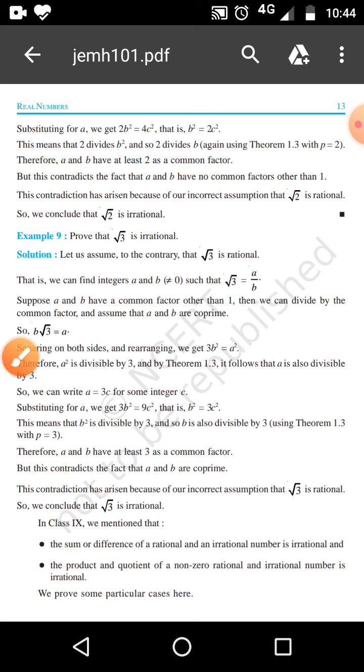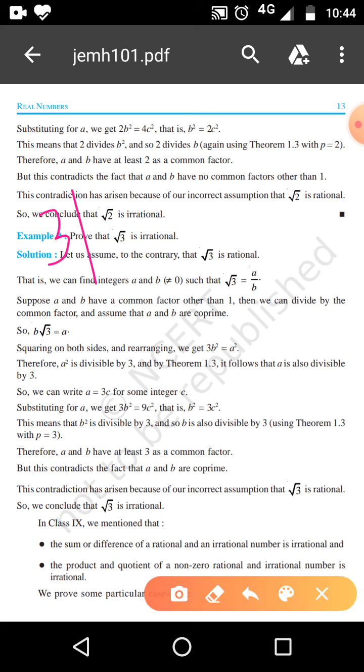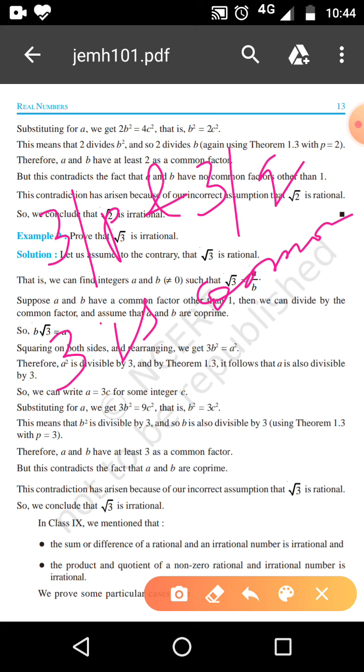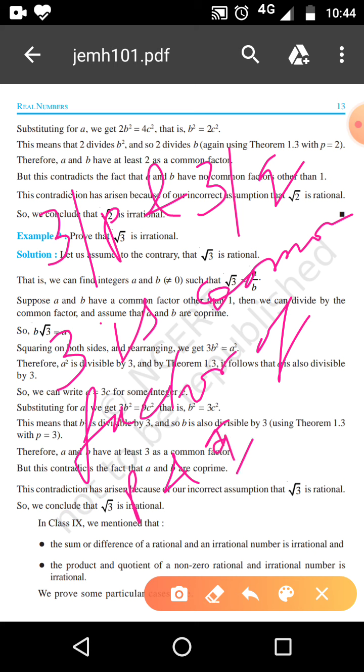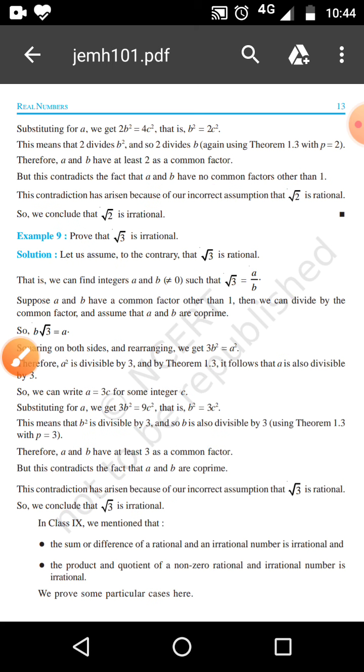From 1 and 2, you see 3 divides p and 3 divides q, that is, 3 is a common factor of p and q, but this is a contradiction.